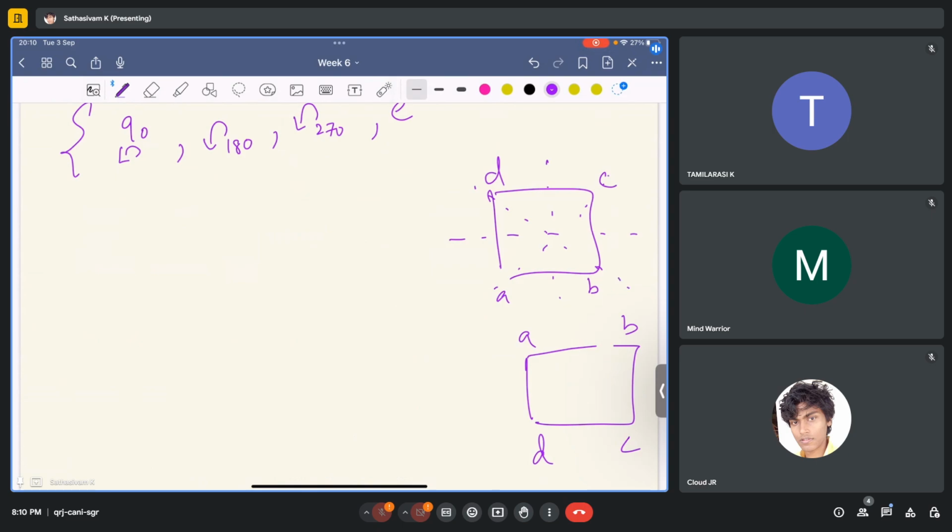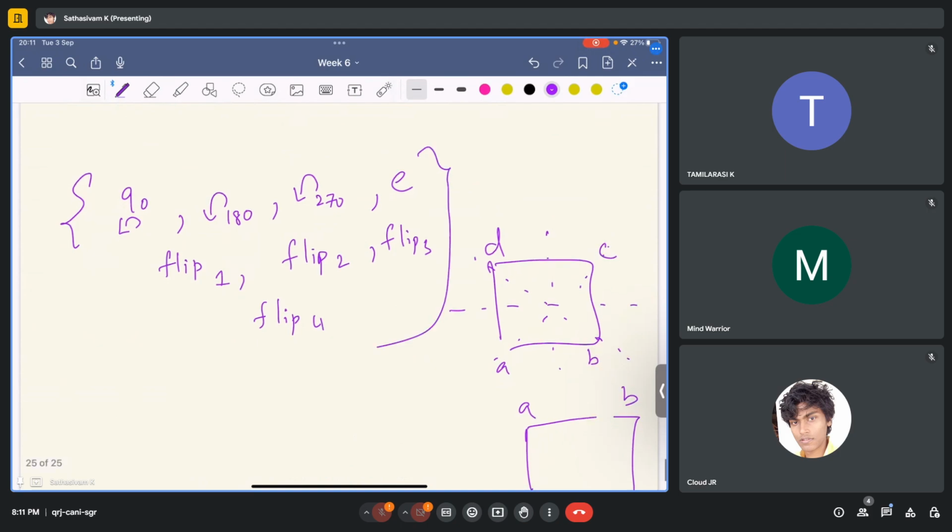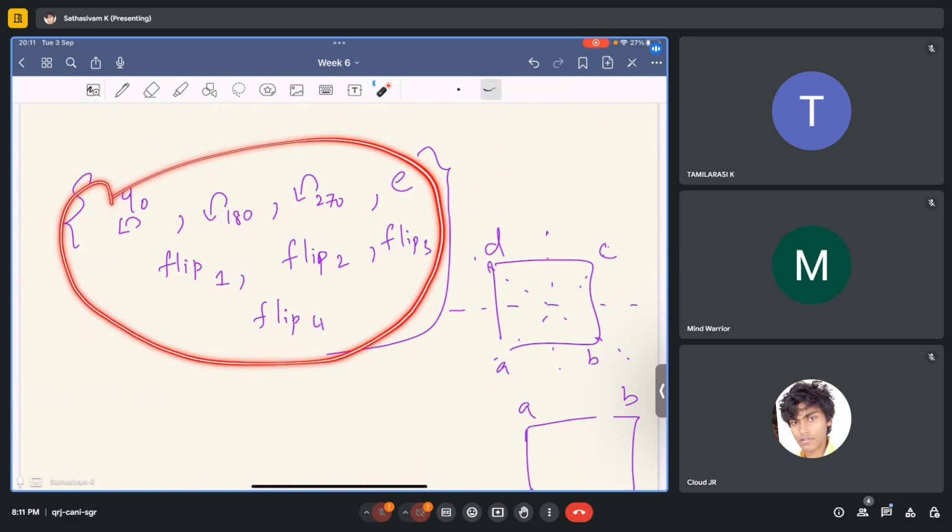So that gives you 4 flips. I will call these flip 1, flip 2, flip 3, flip 4. And if you take all these possible operations, what you can see is this basically forms a group.